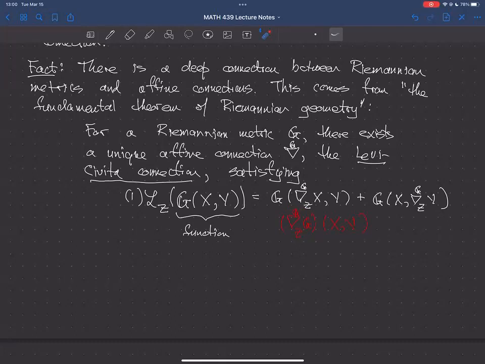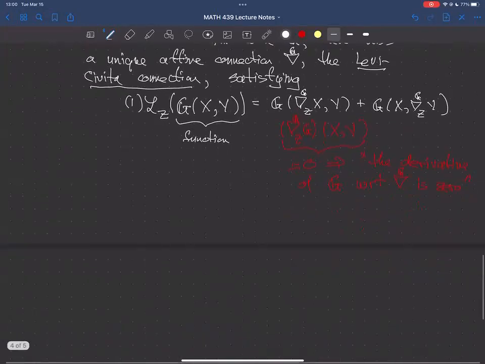And the fact that this thing is 0 means, and I'm speaking very loosely here, that the derivative of G with respect to nabla G is 0. Okay, so that's how to read condition 1.